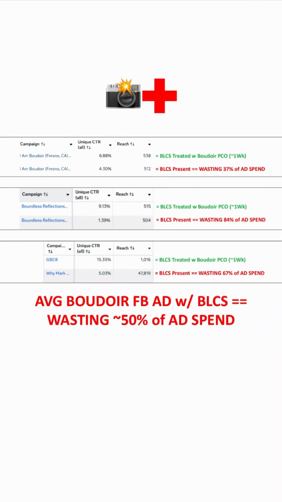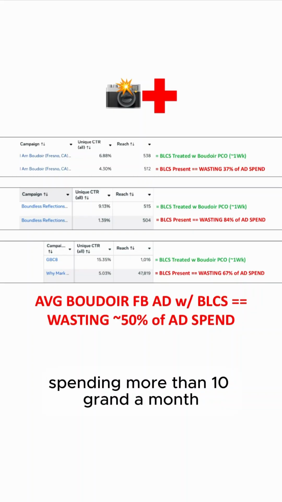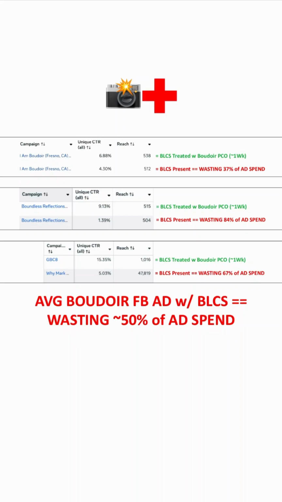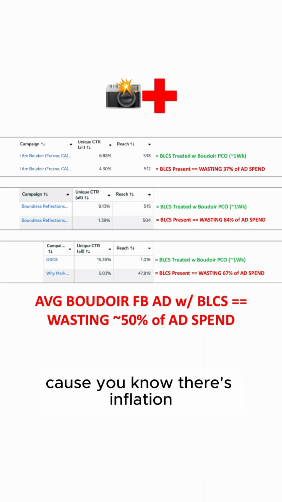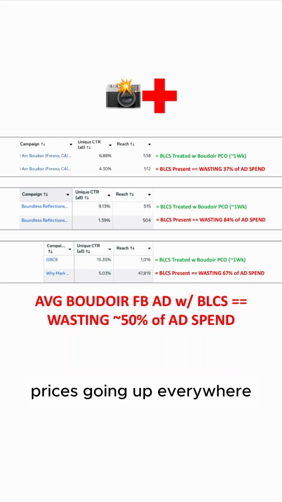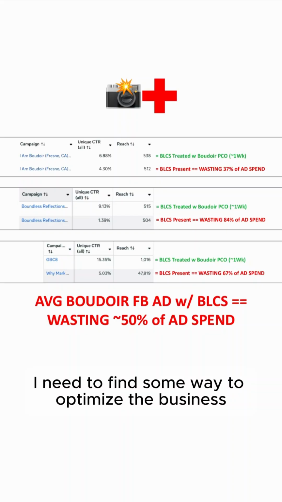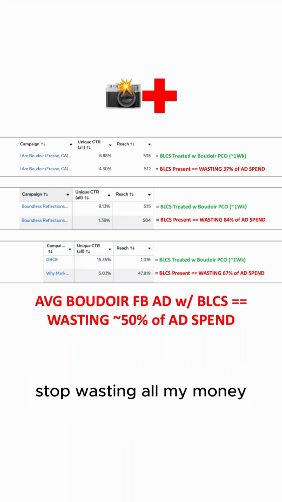So if you're a Boudoir Facebook advertiser spending more than 10 grand a month on Boudoir Facebook ads, and you decide, all right, I've optimized every other part of my business, I've got to pull some more profit out of this because there's inflation, prices going up everywhere, more Boudoir photographers entering the market. I need to find some way to optimize the business, get more profit out of the business, stop wasting all my money.